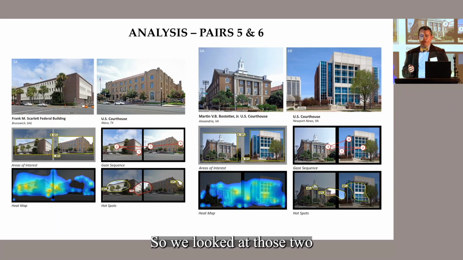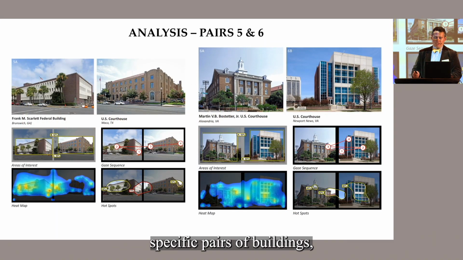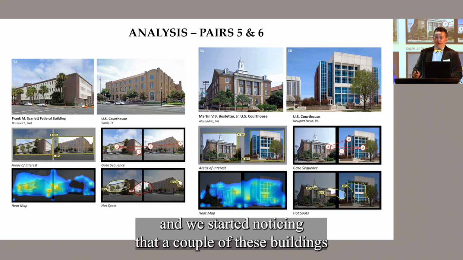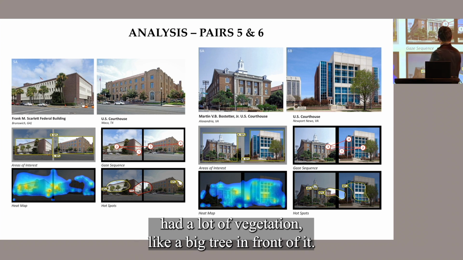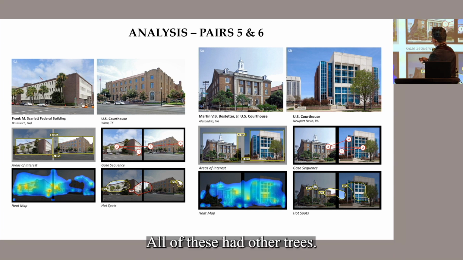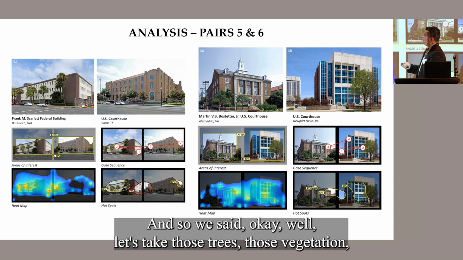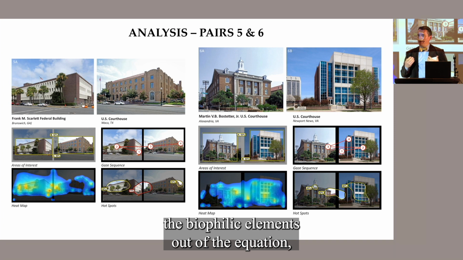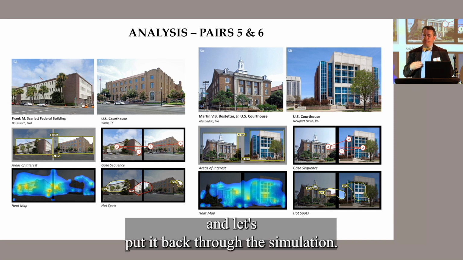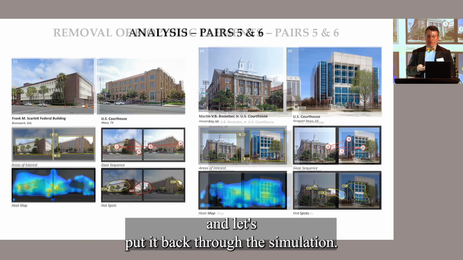So we looked at those two specific pairs of buildings. And we started noticing that a couple of these buildings had a lot of vegetation, like a big tree in front of it. All of these had other trees. And so we said, okay, well, let's take those trees, those vegetation, the biophilic elements out of the equation, and let's put it back through the simulation.